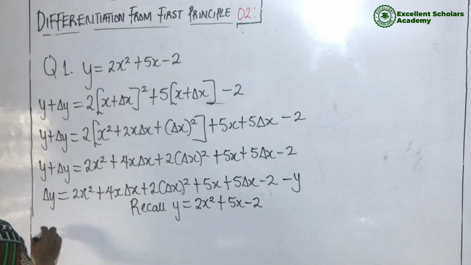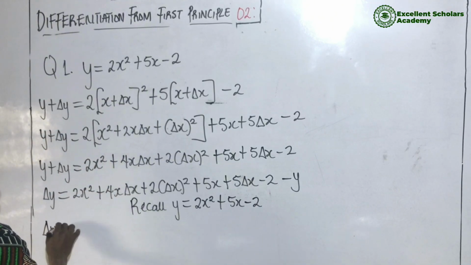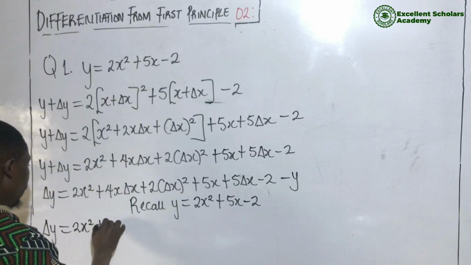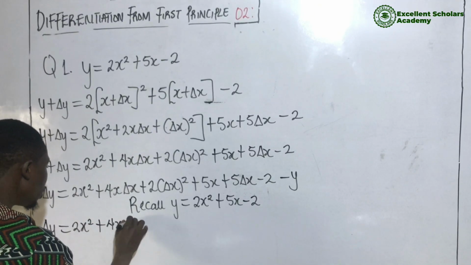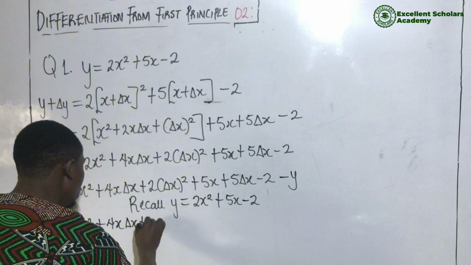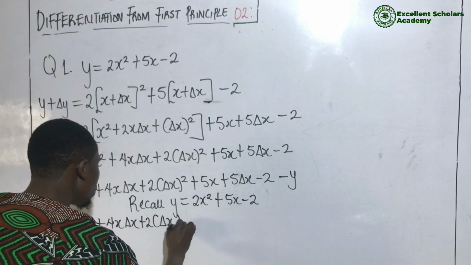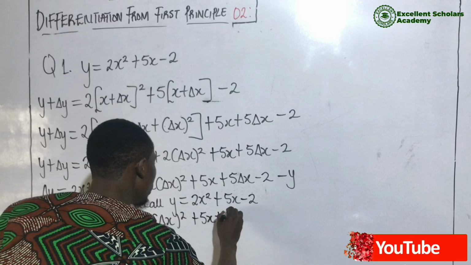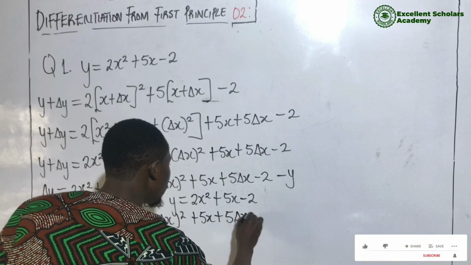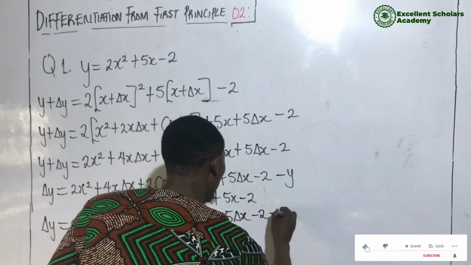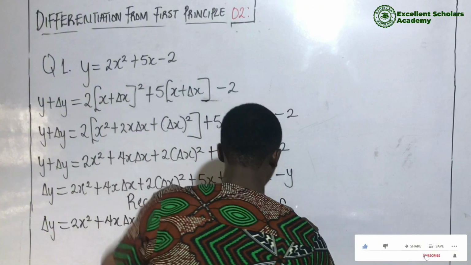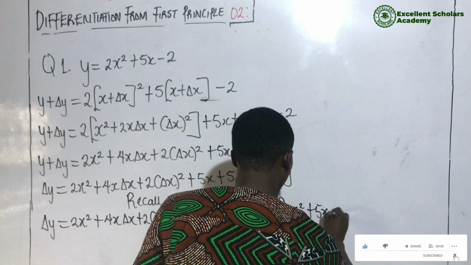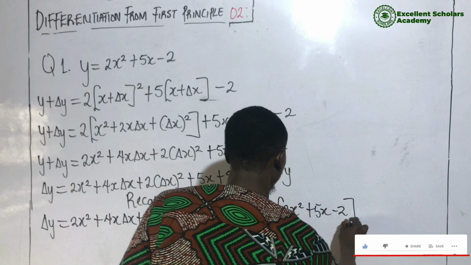It becomes change in y equals 2x squared plus 4x change in x plus 2 (change in x) all squared plus 5x plus 5 change in x minus 2 minus, into bracket, your y now, 2x squared plus 5x minus 2.